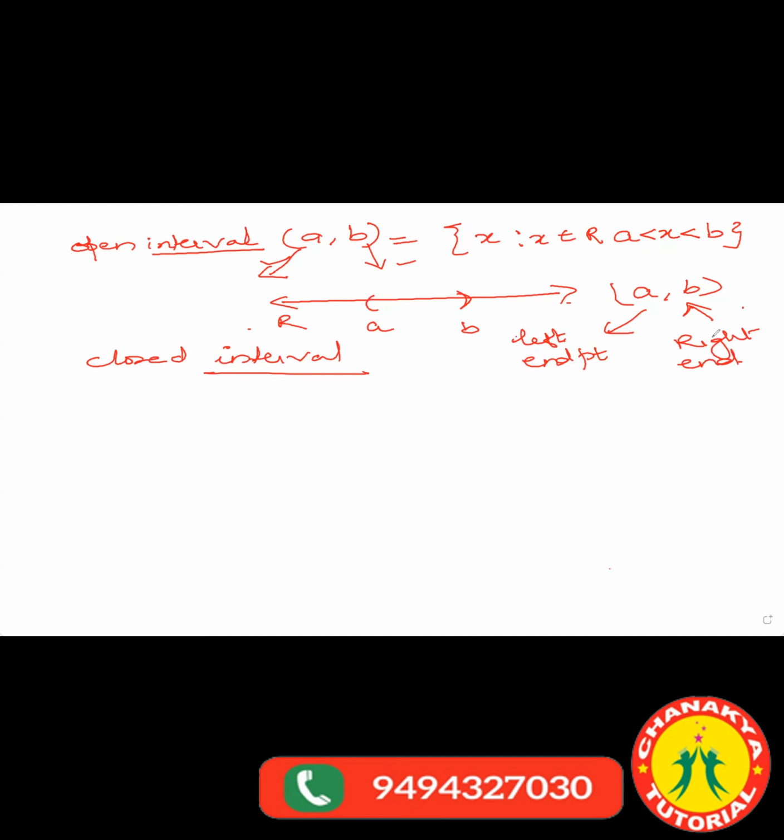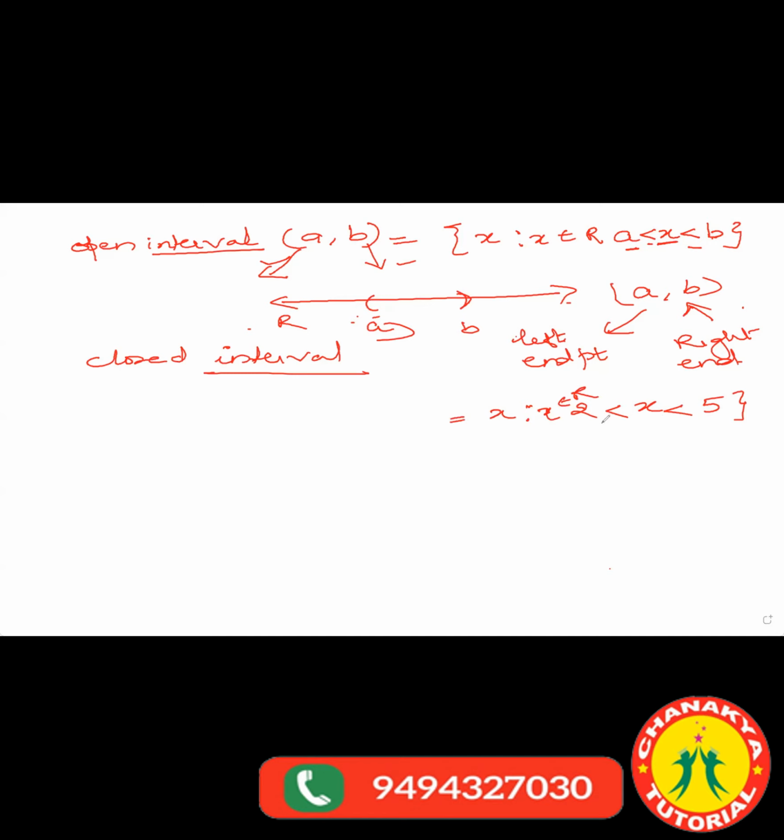And in open interval, it doesn't contain the left and right end points A and B. So in open interval, A and B will not be contained. So suppose X is greater than A and less than B. This is your open interval, right?